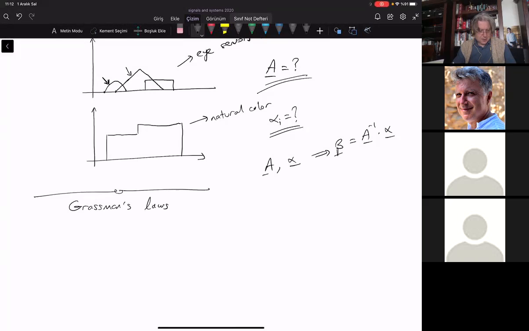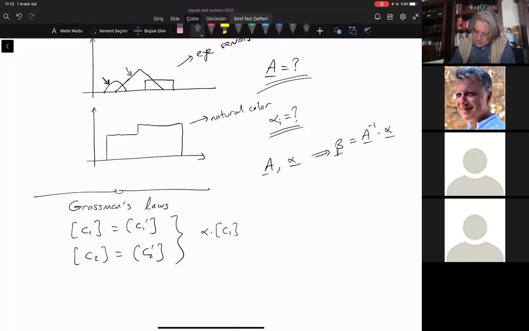Grassmann's laws say that if a color C1 matches another color C1 prime, and if C2 matches C2 prime, then when you mix C1 and C2, alpha times C1 plus beta times C2 matches alpha times C1 prime plus beta times C2 prime.